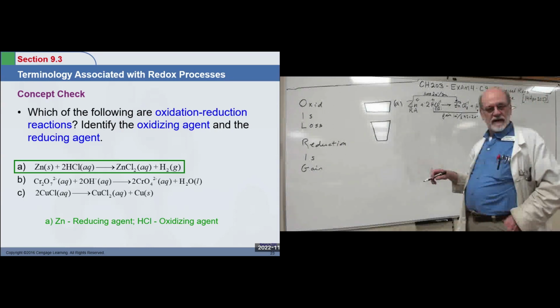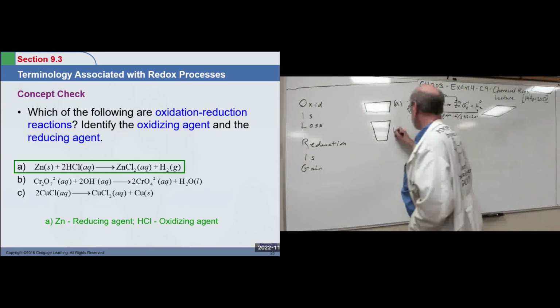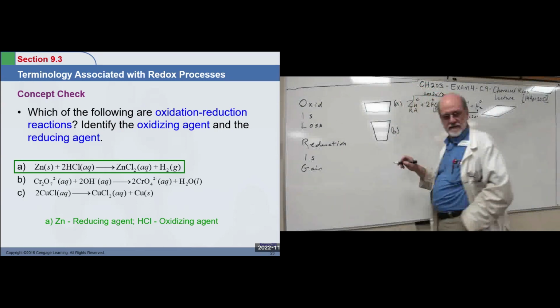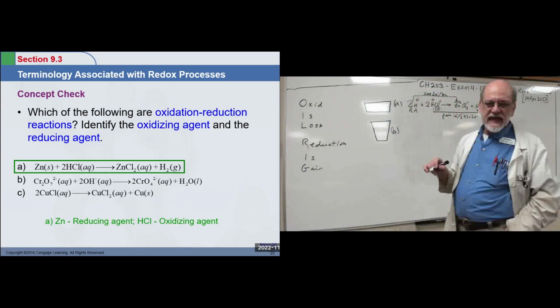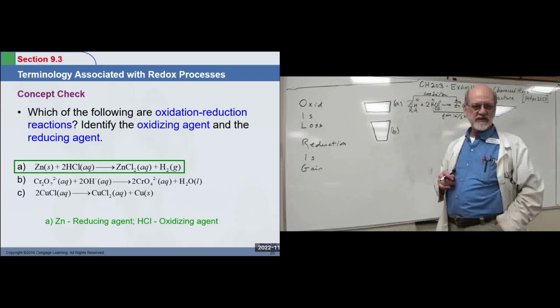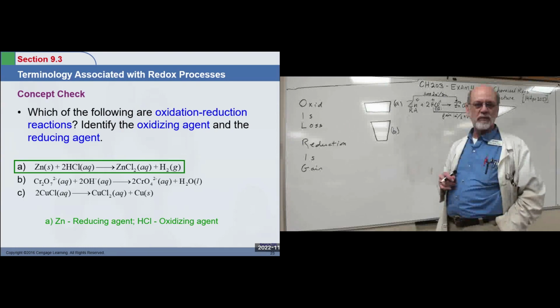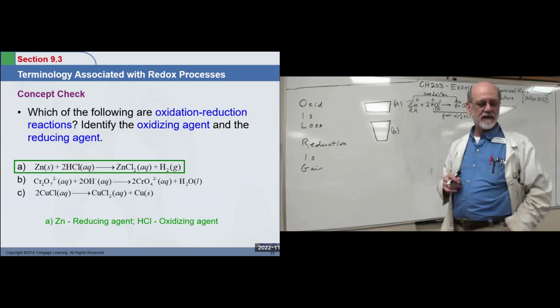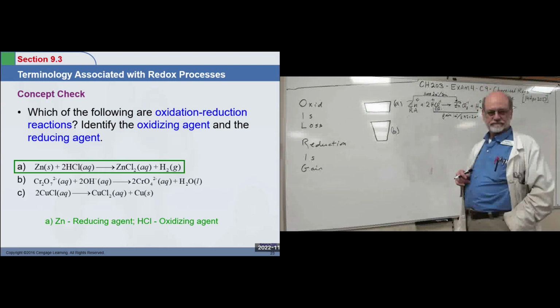Let's see. How about B? B is what I would call an incomplete reaction. It's left out the spectators. Notice the charges don't balance. Well, actually, in this case, they do balance.